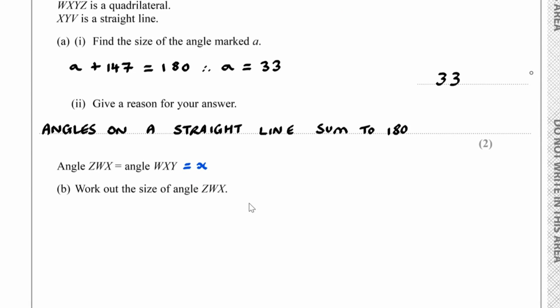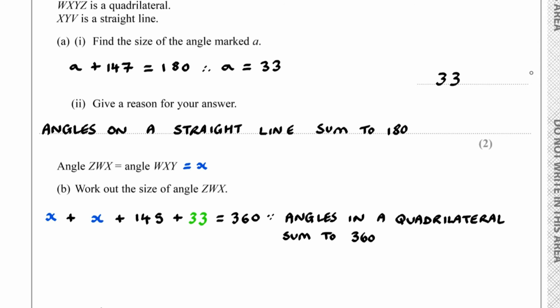So what we can recognize is, because the angles in a quadrilateral sum to 360, we would have X plus X plus 145 plus the 33. This is all equal to 360. And the reason for that, angles in a quadrilateral sum to 360.